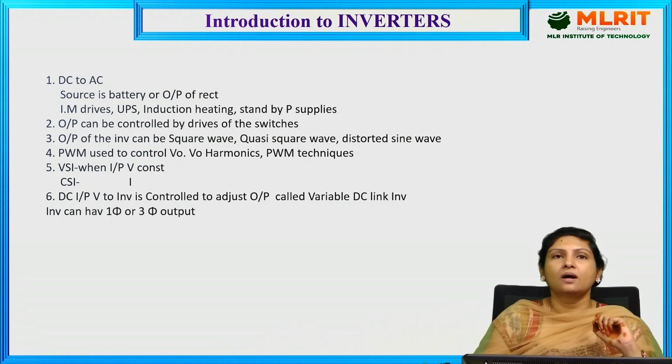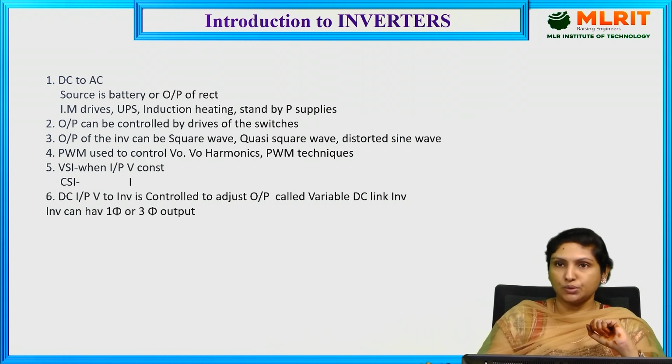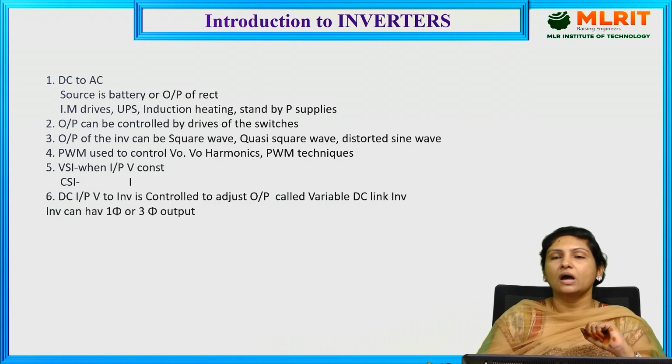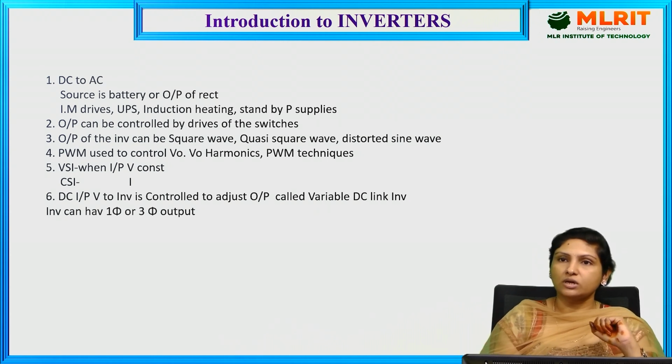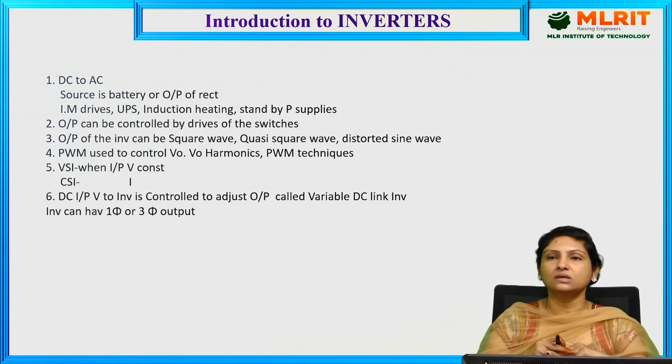And then here we'll be making use of PWM converters. What is PWM? It is nothing but pulse width modulation, and it is used in order to control the output voltage of the inverters. If you see, the output voltage of the inverter may not be sinusoidal, and because of this a certain amount of harmonics will be induced in the system.